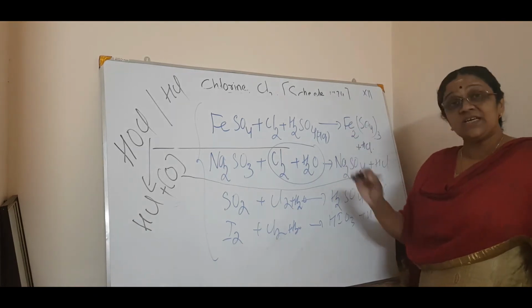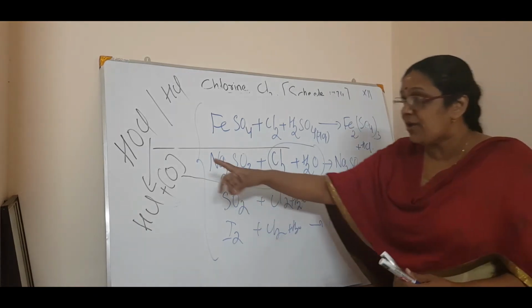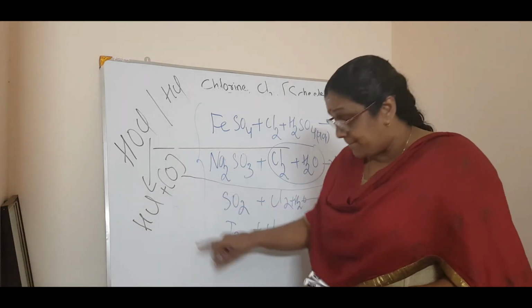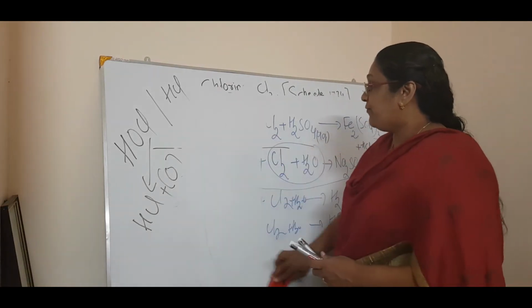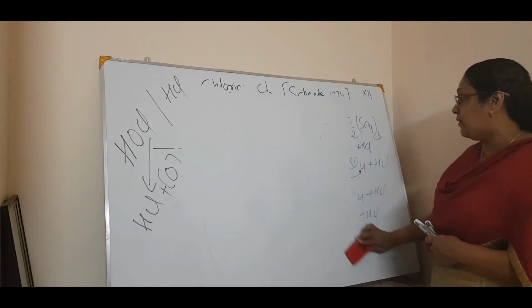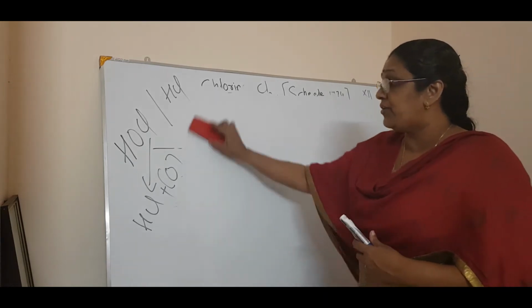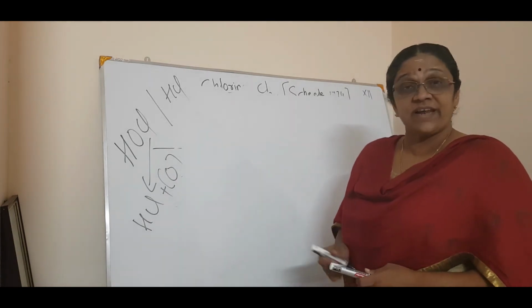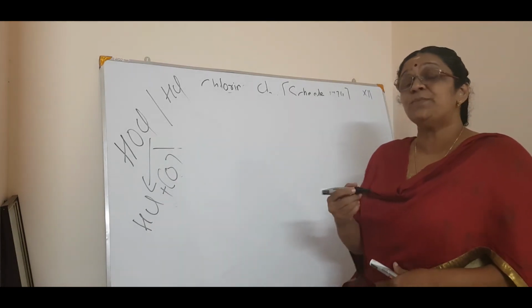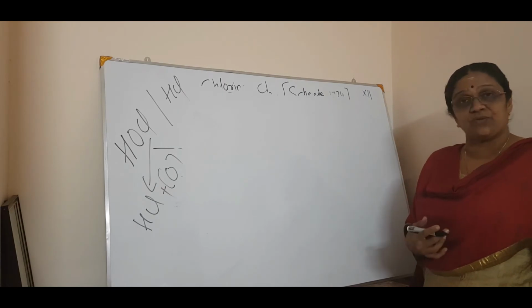Got it? Clearly you understood how oxidation takes place? Yes. So next is the bleaching property. The same nascent oxygen gives the bleaching property. If we have some coloring substance on our dresses, you give it to the laundry for bleaching, for dry wash. There they will use the bleaching action of chlorine.